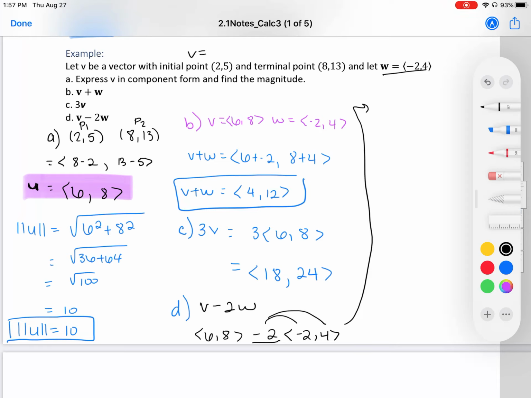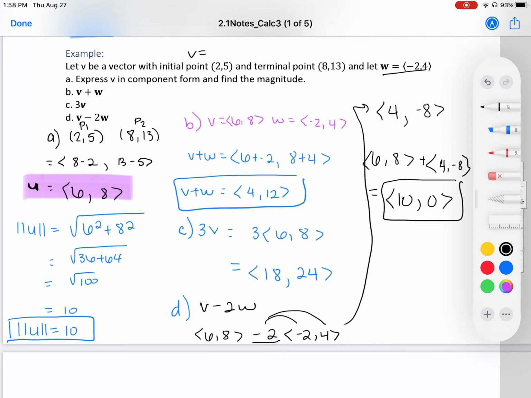So we have -2 times -2 is +4, and -2 times 4 is -8. All right, so we have 6, 8, and now I'm left to work with the vectors 4 and 8, -8. So we have 4 plus 6, we get 10, and 8 minus 8, we get 0. So our new vector is 10, 0.